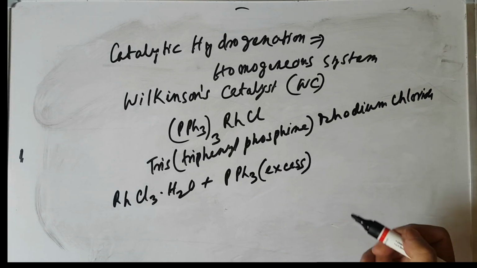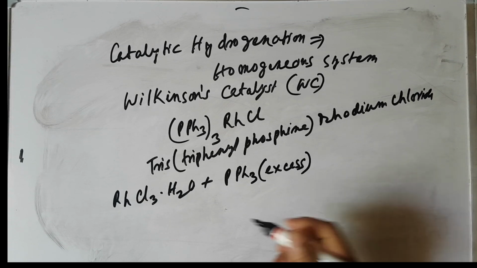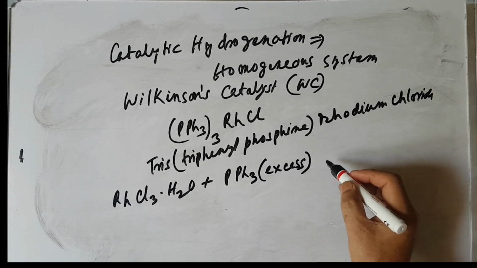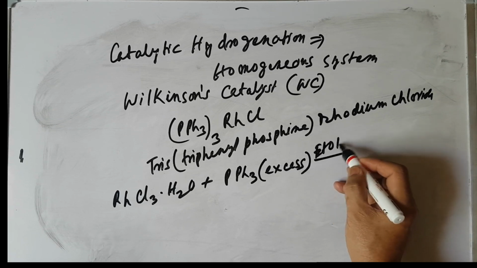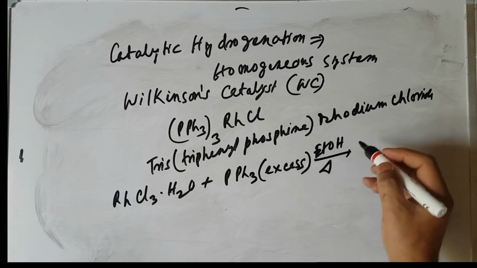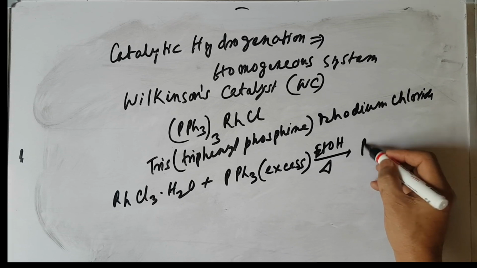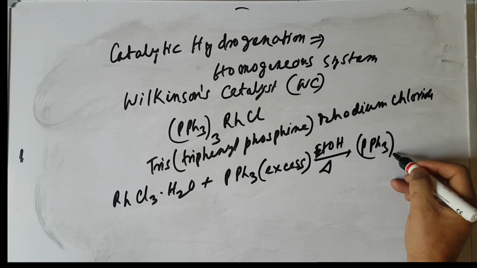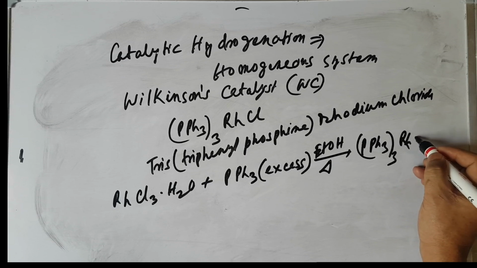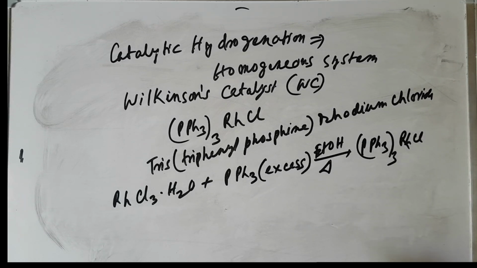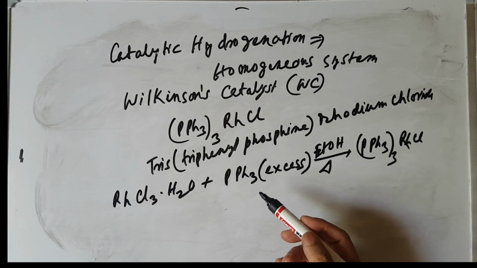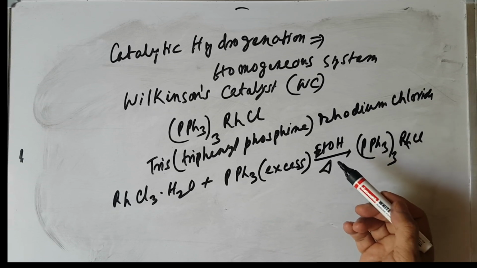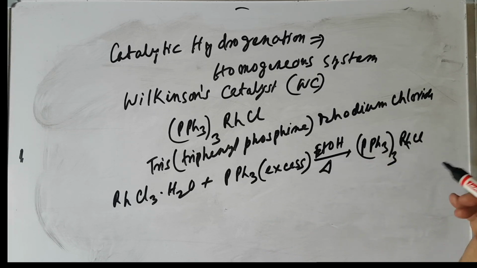By reacting rhodium chloride with triphenylphosphine in ethanol under reflux, you get the Wilkinson catalyst, tris(triphenylphosphine)rhodium chloride. So this can be prepared in the laboratory in situ by reacting rhodium chloride with excess triphenylphosphine in ethanol. Just by refluxing, we get this Wilkinson catalyst.